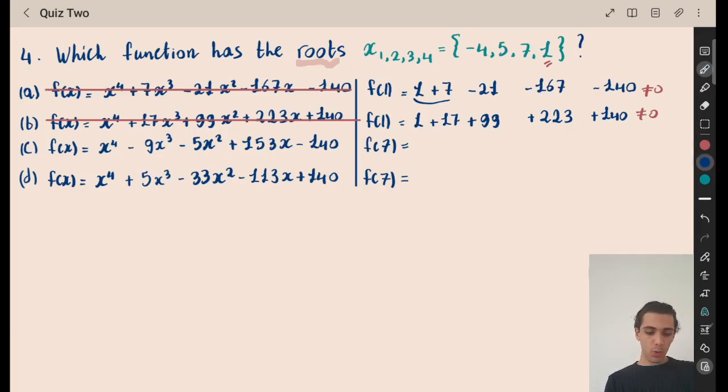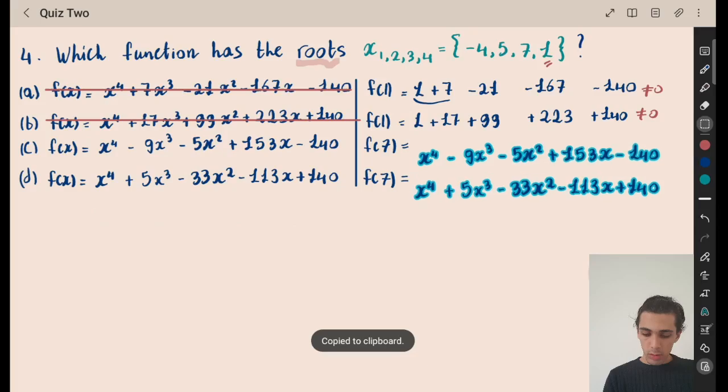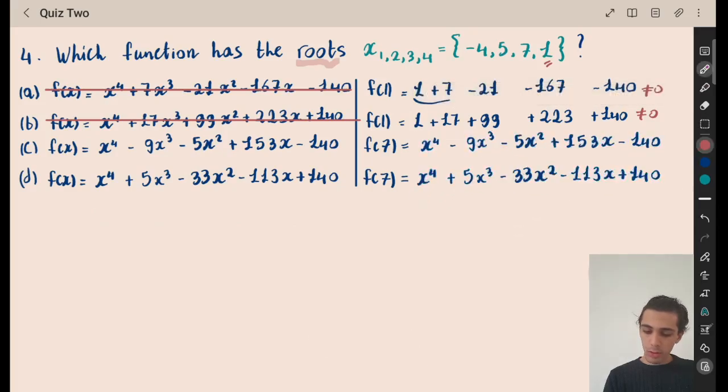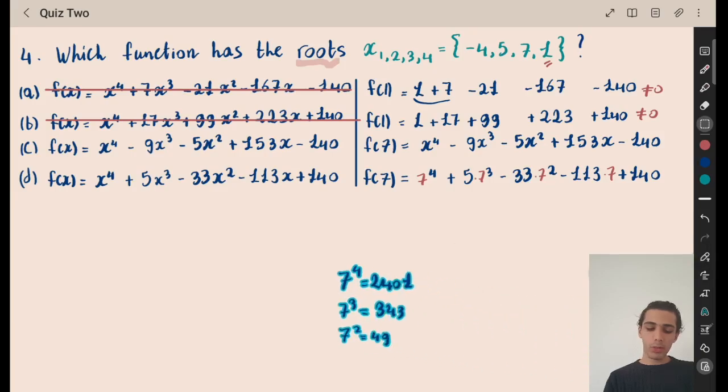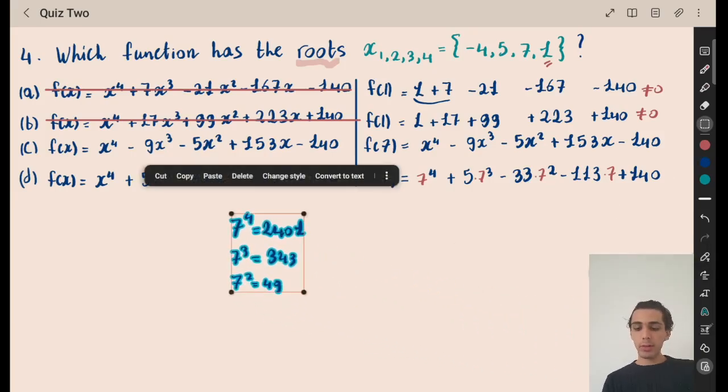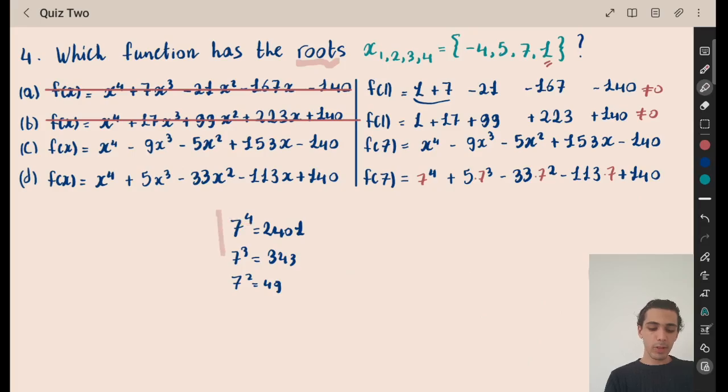So let's start. And let me choose the other function to substitute in. I also have these values prepared, because in my third take for this video, I spent 10 minutes just trying to compute them on the spot.